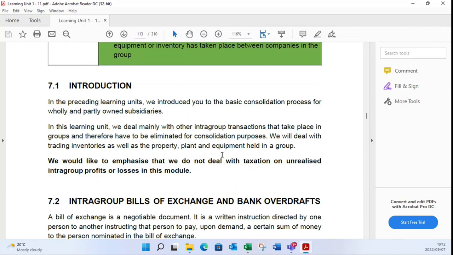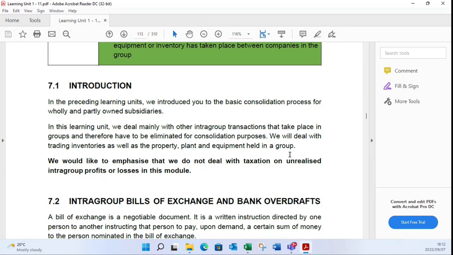7.1 Introduction. In the preceding learning unit, we introduced you to the basic consolidation process for the wholly and partly owned subsidiary. In this learning unit, we deal mainly with the other intra-group transactions that take place in groups and therefore have to be eliminated for consolidation purposes. We deal with trading inventories as well as property, plant, and equipment held in the group.